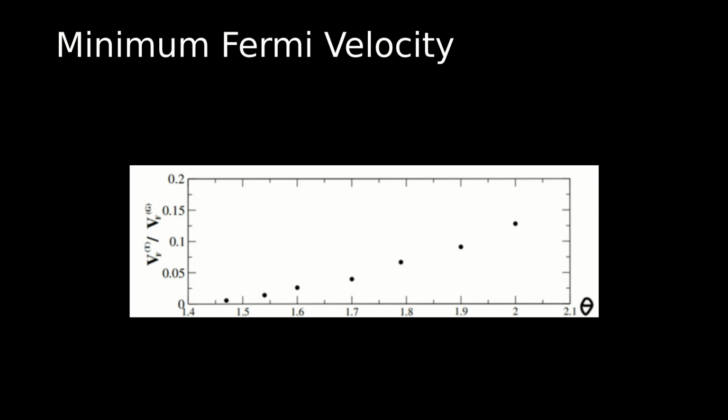It is clear that there is a minimum point here between 1.45 degrees and 1.5 degrees. This shows that with slightly twisted bilayer graphene, there's a minimum Fermi velocity here, which means the outermost electrons are simply at zero velocity or near zero velocity.